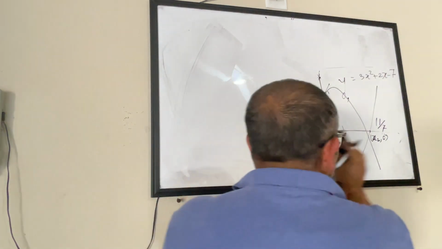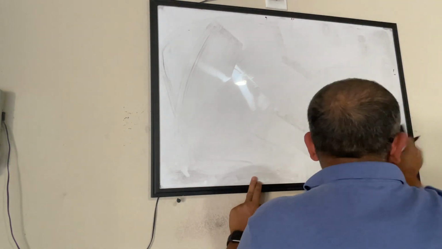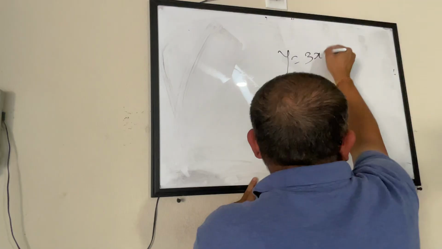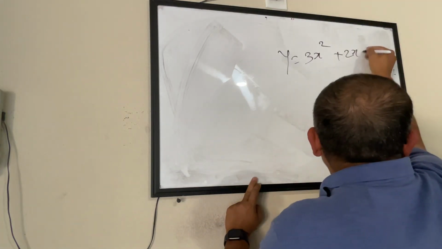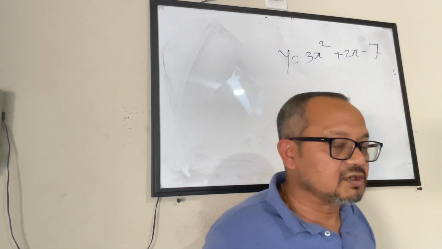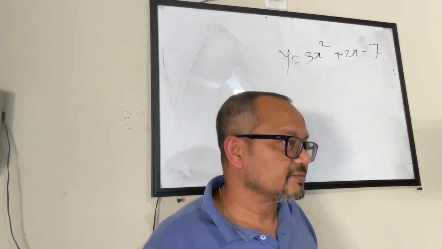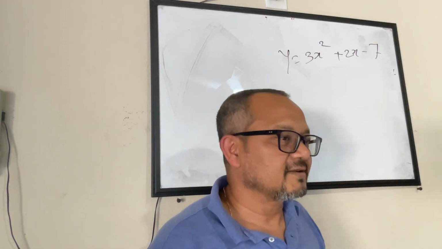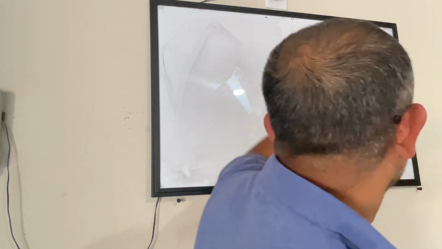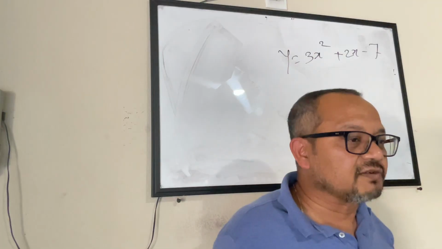Just by looking at the quadratic equation, y equals 3x squared plus 2x minus 7, I can say that this is facing upward. Do you guys know why? A is positive. Okay, I got one answer. Anybody on the screen? Just by looking at this equation without doing any calculation, without bothering about anything.